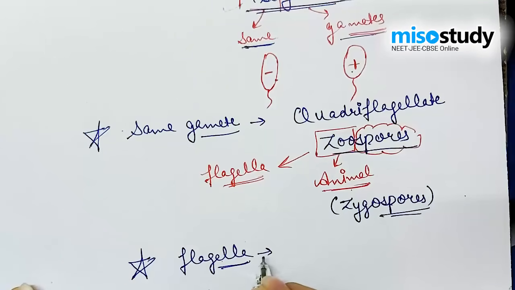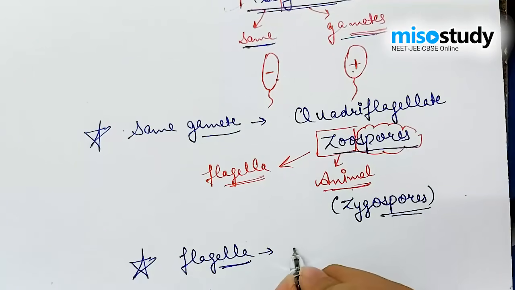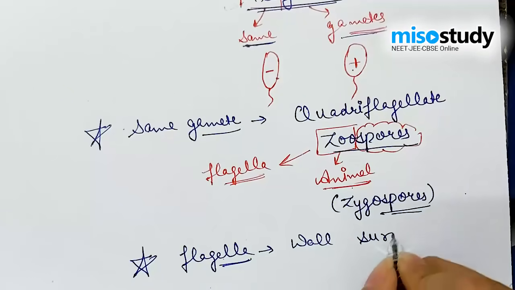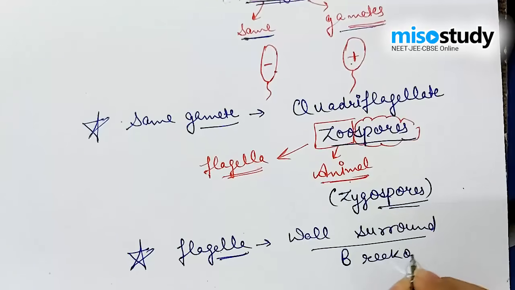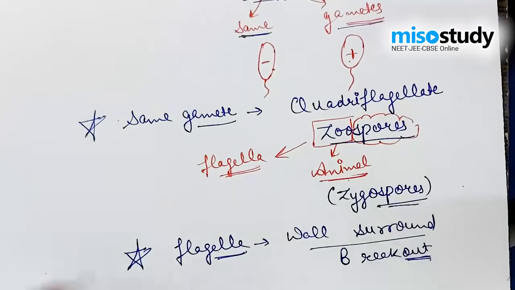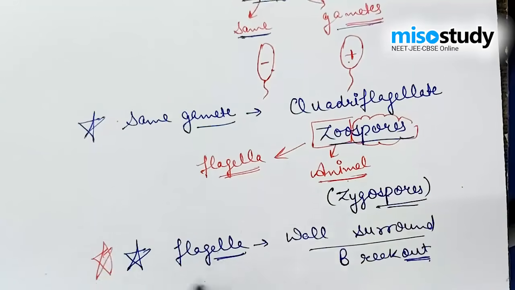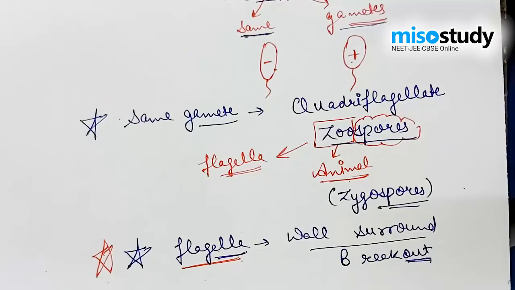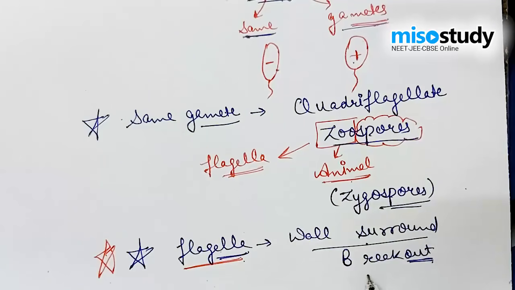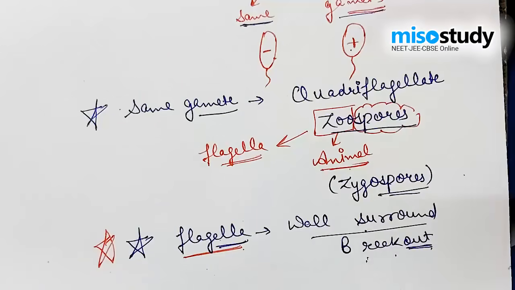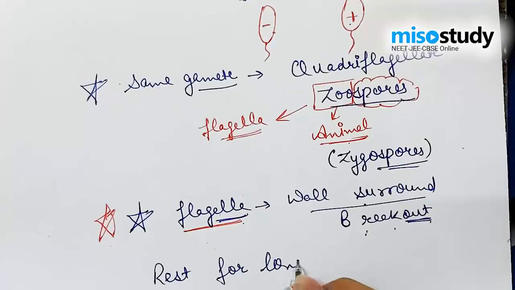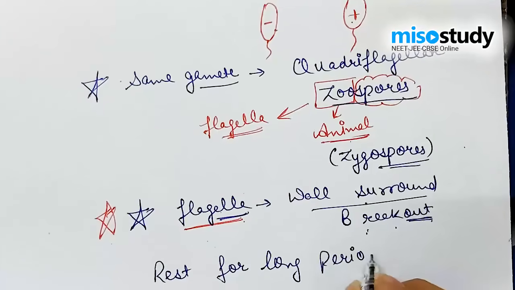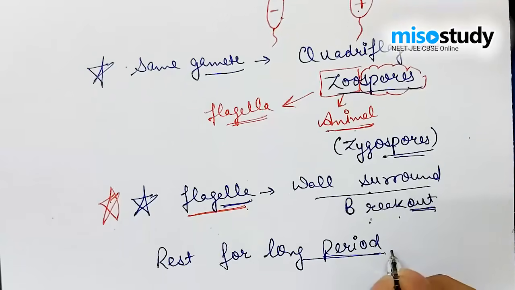When the flagella disintegrate and the wall surrounding the spores breaks out, it generally takes place after a rest for a long period.